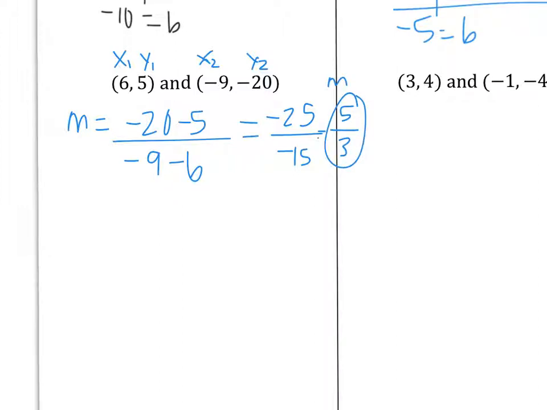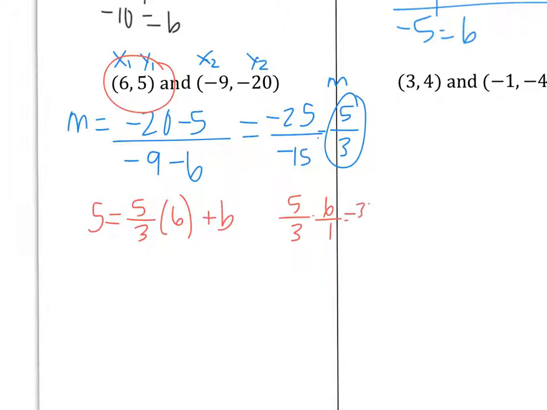Now into y equals mx plus b, I'm going to choose this first point because it looks like smaller, easier numbers to work with. So I'll plug in 5 for y equals m, which is 5/3, times x. And 5/3 of 6, well again, 5 over 3 times 6 over 1 is 30 over 3, which is 10.